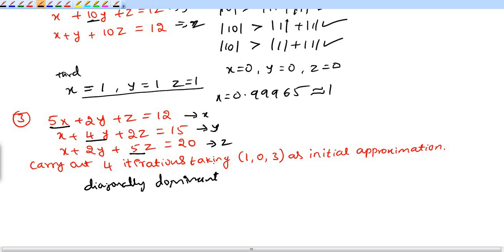And in the question it is given that 1, 0, 3 is the initial approximation. So here you have to take x equal to 1, y is equal to 0, z equal to 3 as the initial approximation.